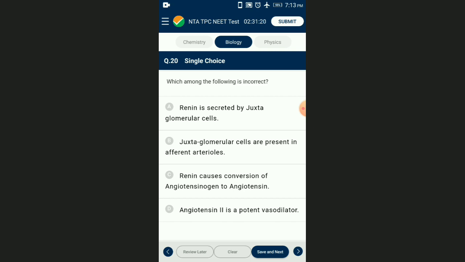The latter conversion is carried out with the help of angiotensin converting enzyme. Angiotensin 2 is a powerful vasoconstrictor. So the answer for this question is option D. The statement that angiotensin 2 is a potent vasodilator is incorrect.